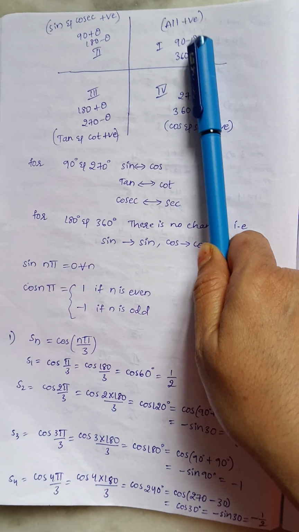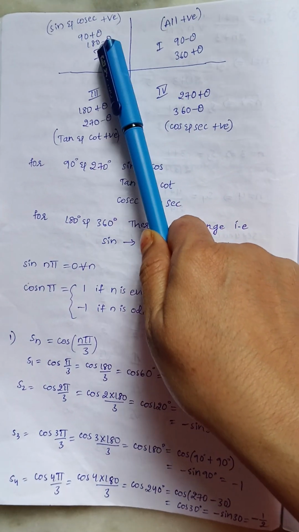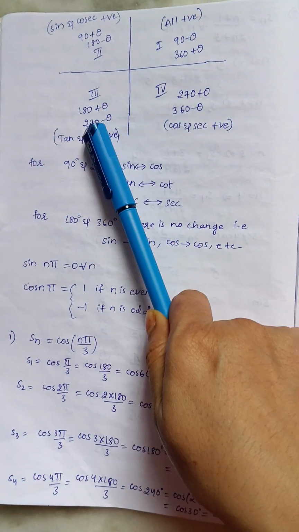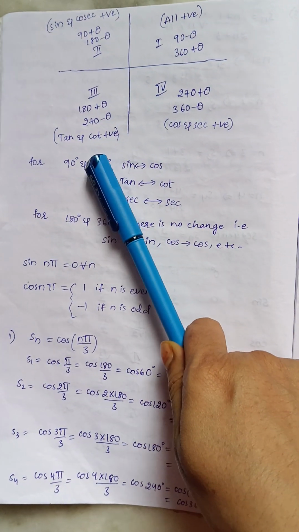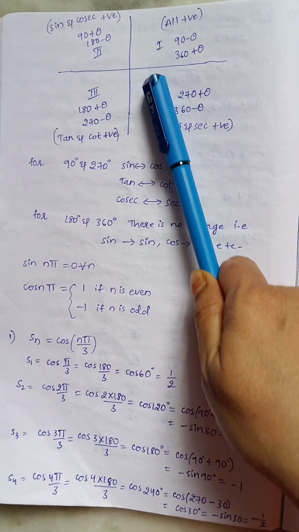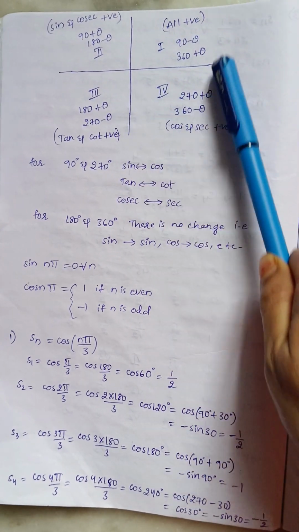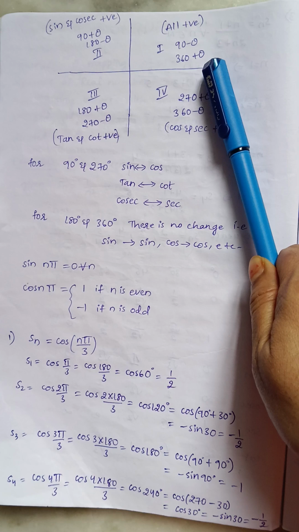So 90 minus theta. Here 90 plus some angle is there, so 90 plus theta, 180 minus theta, up to here 180. Again 180 plus theta, 270 minus theta, and 270 plus theta, 360 minus theta. After one full circle, again we take it as 360 plus theta.